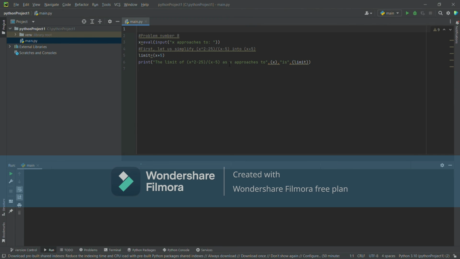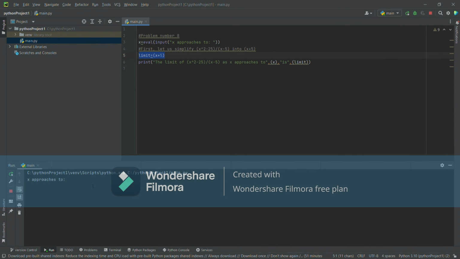By solving number 8, find the limit of x squared minus 25 divided by x minus 5 as x approaches 5. So first, I simplify the given expression, x squared minus 25 divided by x minus 5, into simply x plus 5. So the limit as x approaches 5 will be x plus 5.